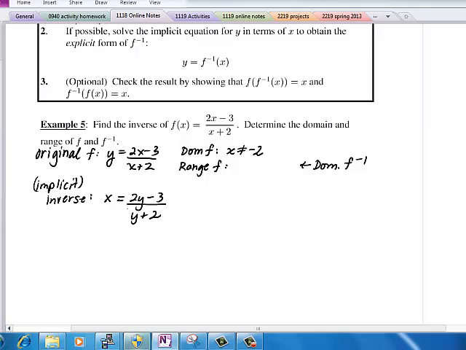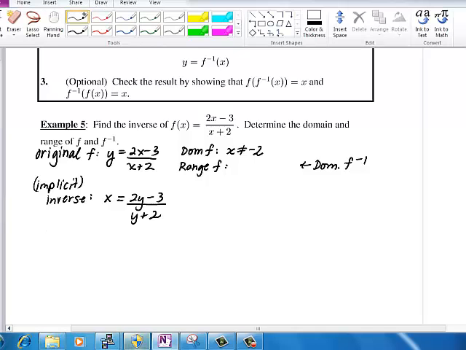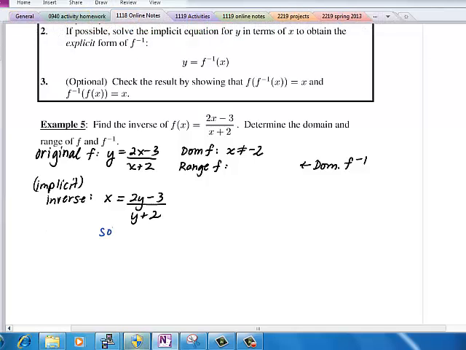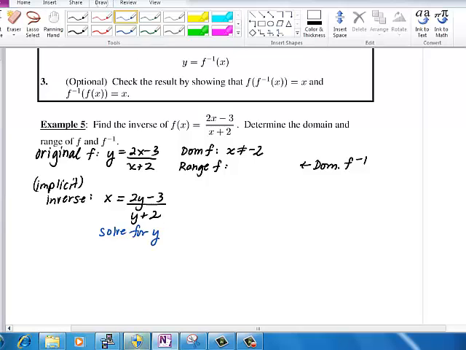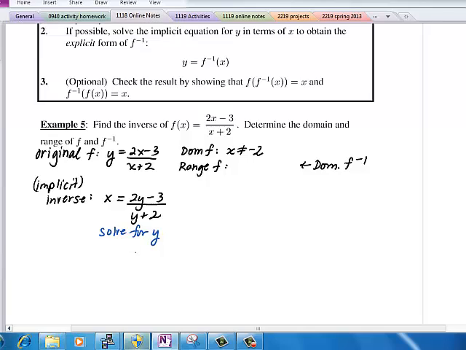And I want to solve for y if I can, because I want to solve for my outputs. And when we say solve for y, that means we need to get a single y on one side and everything else on the other side. The other side of the equation should not involve y at all.